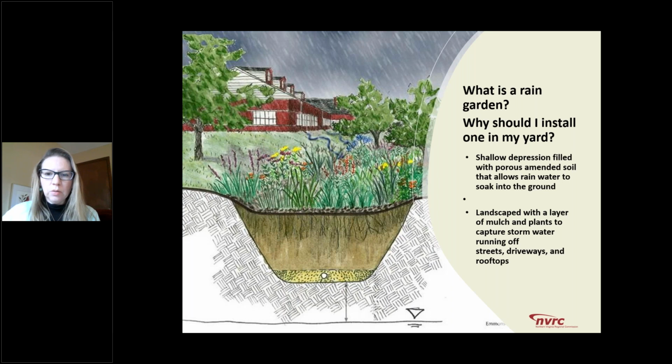The plants, mulch, and soil work together to prevent the water from running off, capture it, and help it to infiltrate into the ground.